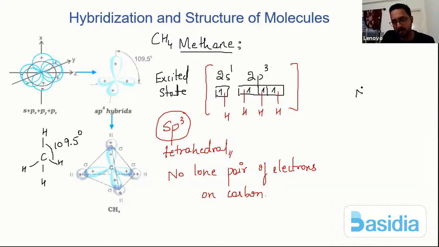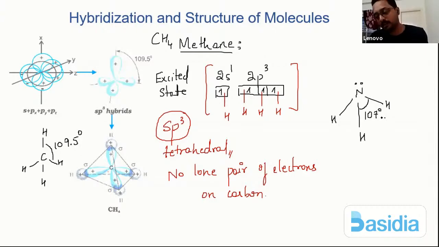But the previous structure we came across, the ammonia, with the lone pair of electrons present over here, the bond angle is 107 degrees. Please make a note. Bond angles are very, very important. If you check your state exams or CET level exams, you will definitely come across questions on the bond angles also.